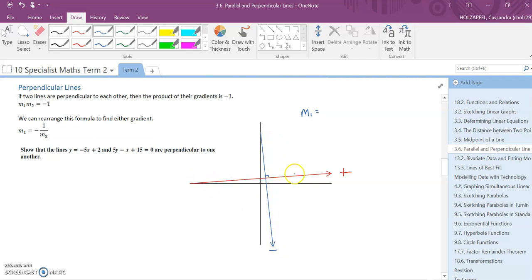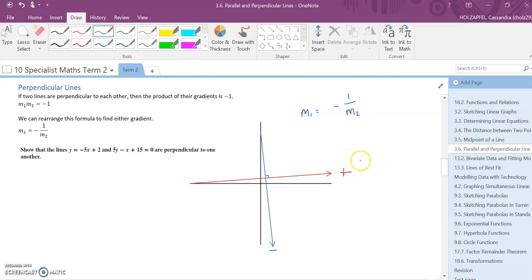The first thing that we noted was that this blue line was the negative version of the red line. The other thing, again not as obvious, is that this very mild slope becomes a very steep slope when it's going in the opposite direction. So it actually becomes the reciprocal of that slope.